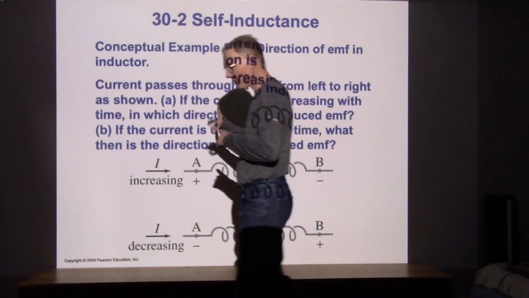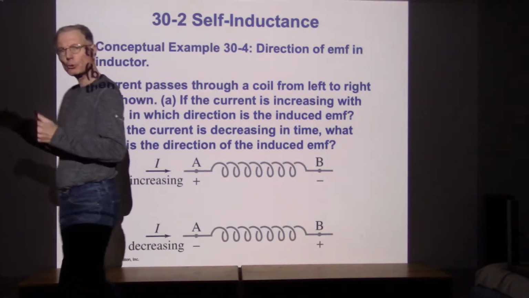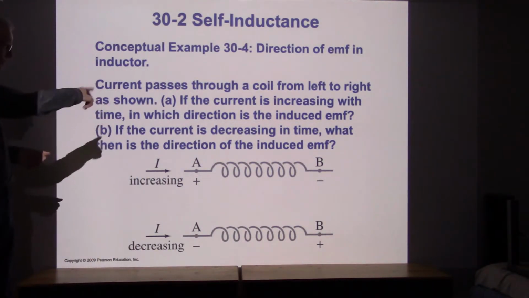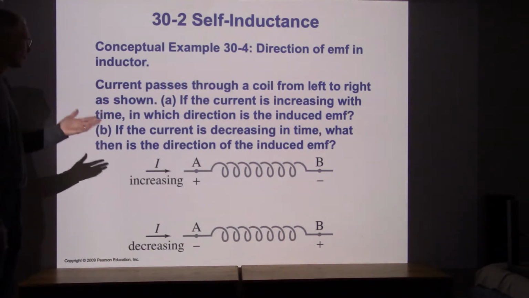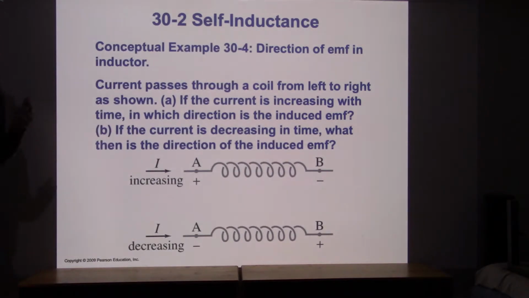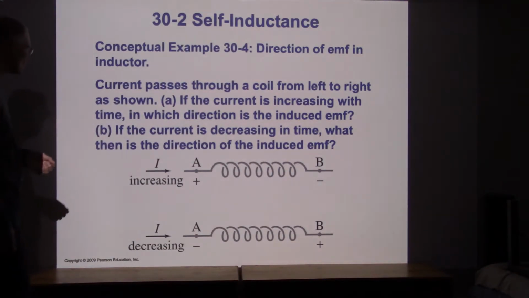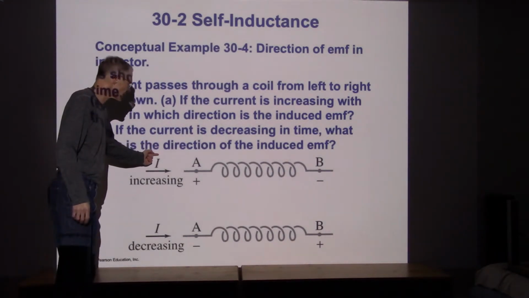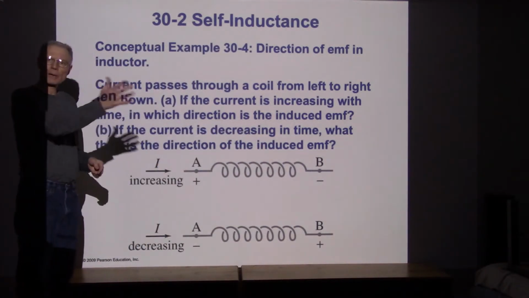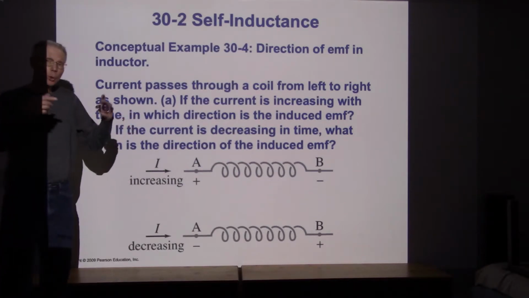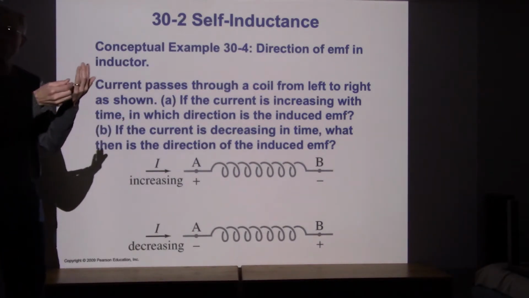So when we put these inductors into our circuits, so these are circuit devices, these little loops of wire, we call them inductors. What they do is they create a voltage drop. If the current is increasing, they create a voltage drop along the direction that the current's traveling. So we can add them to our list. Remember, there were resistors.